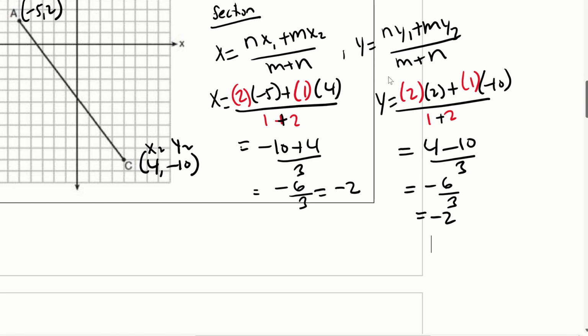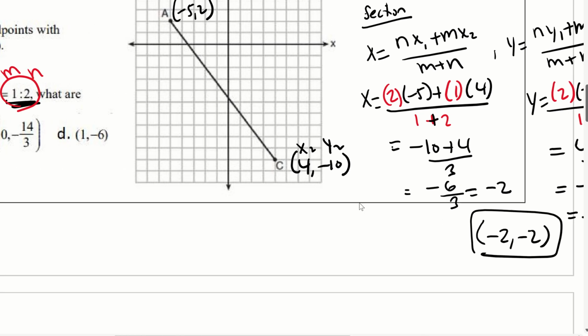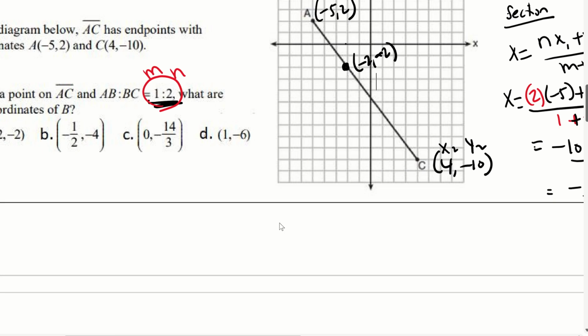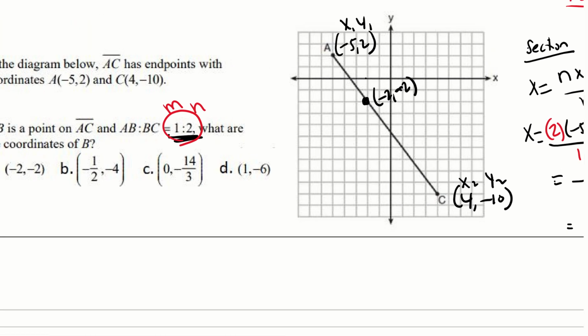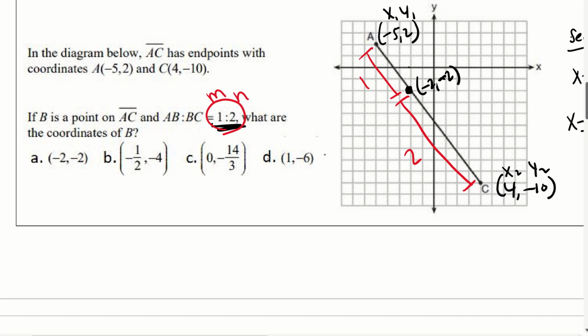So we can see that our coordinate has to be -2, -2. We see that there. This is where my coordinate lies. And this point will split it in a 1:2 ratio. All right, so there you go, -2, -2.